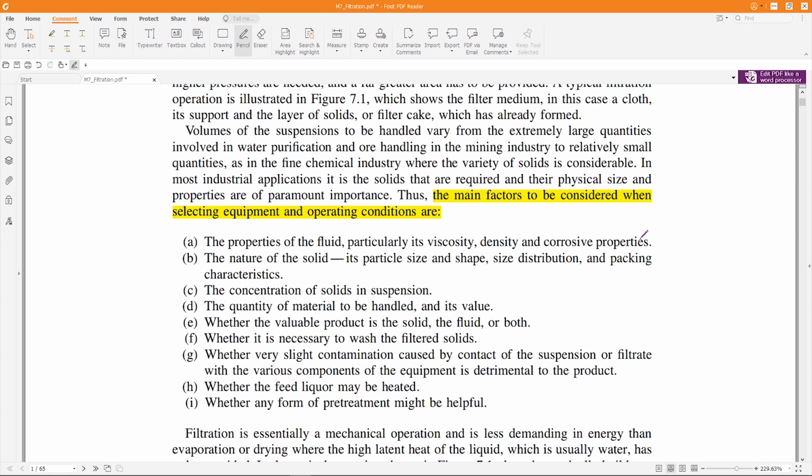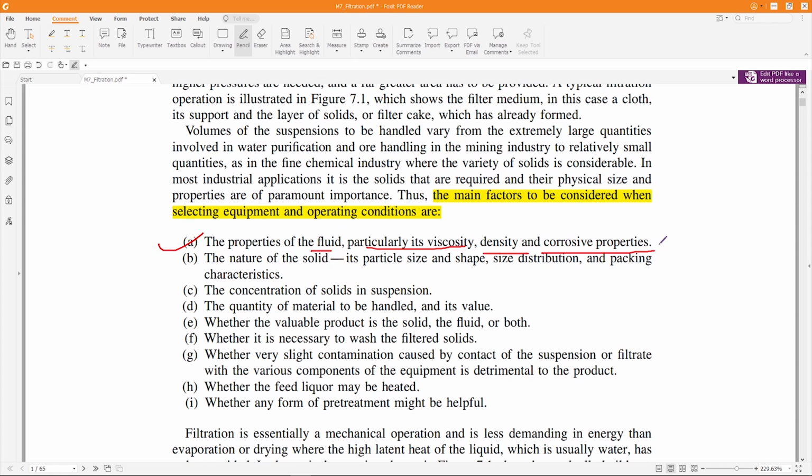These are the main factors you have to keep in mind while selecting particular equipment and the operating conditions in which you are going to perform the filtration process on that equipment. Okay. So first one, the properties of the fluid, particularly its viscosity, density, and corrosive property. So you have to choose the fluid based on its viscosity, density, and corrosive properties.